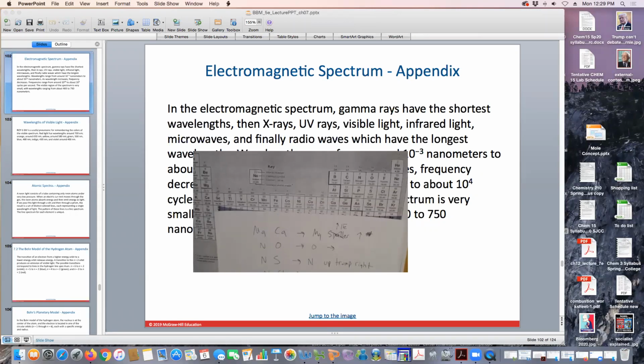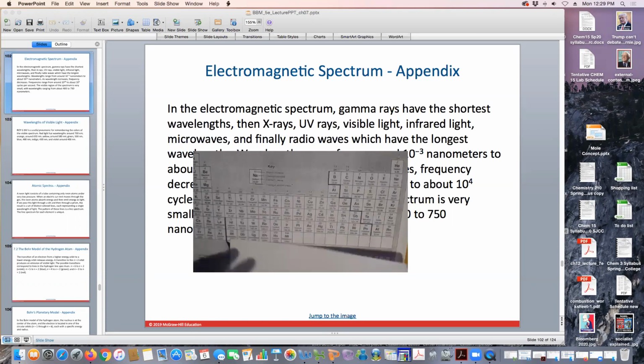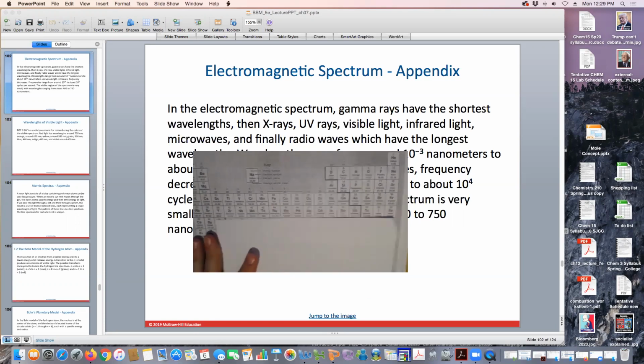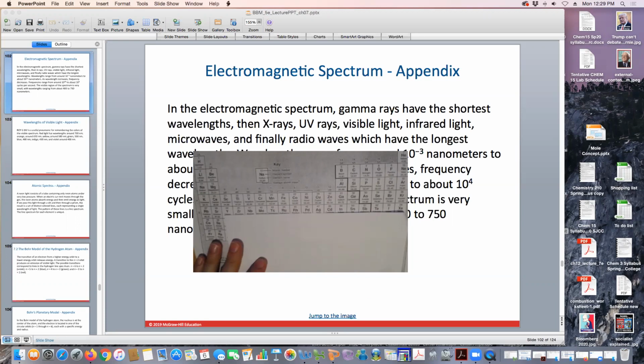All right. Anyway, that would be a type of practice question. So we could do an isoelectronic comparison.